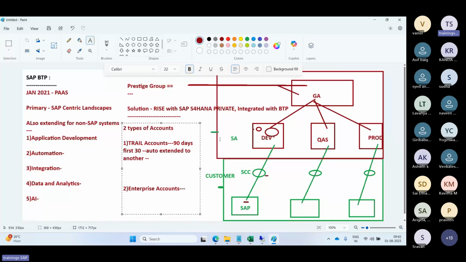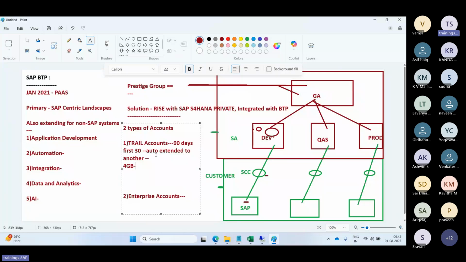So after you create the BTP account, in the first 30 days you need to sign in regularly, then it will be auto-extended for the remaining days. Also, with the trial accounts you will get limited memory, 4 GB of free memory. Only with that 4 GB free memory can you deploy and use the applications here.